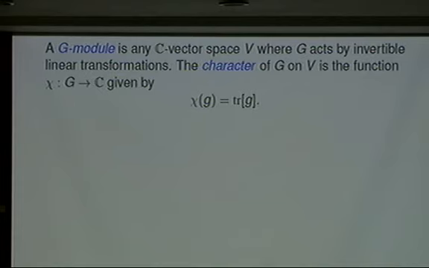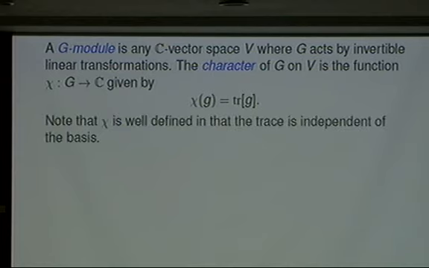So the character of G on V is the function that takes each group element and gives you back the scalar, which is the trace of that linear transformation. Now, notice this is a well-defined concept because it doesn't matter what basis. Well-known fact from linear algebra, you have a linear transformation, you take two different bases, the trace is invariant. Okay, so we can use any basis we like in taking this character.